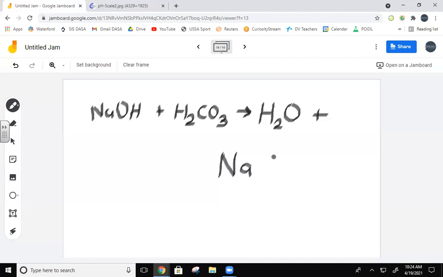We know that we're going to have a carbon somewhere in there. And because of the way the chemistry works, some of the oxygens tag along. You don't need to be able to predict that, but you should be able to tell me that there's going to be a sodium and a carbon that ends up somewhere because we have a sodium and a carbon and they're not in here.